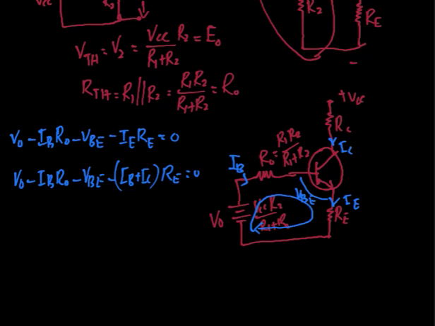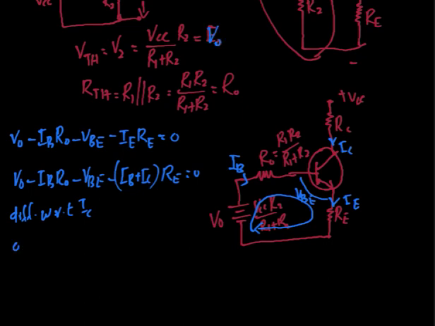So now differentiate this equation with respect to IC. We will get, V0 is, here we have used it as I0, so I am replacing it as V0.